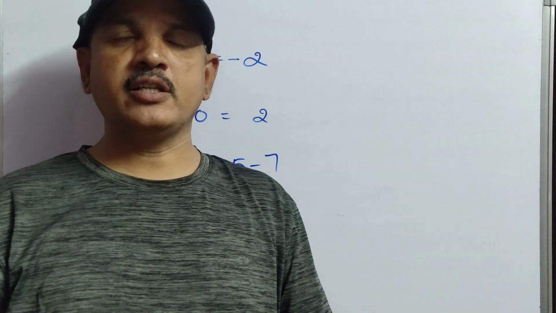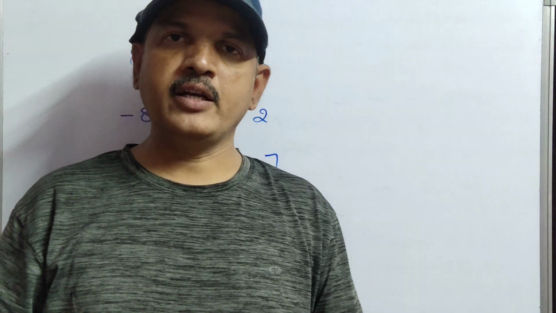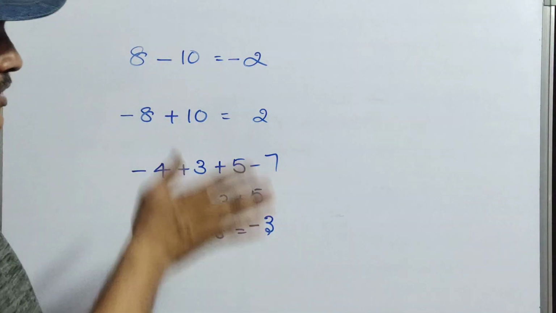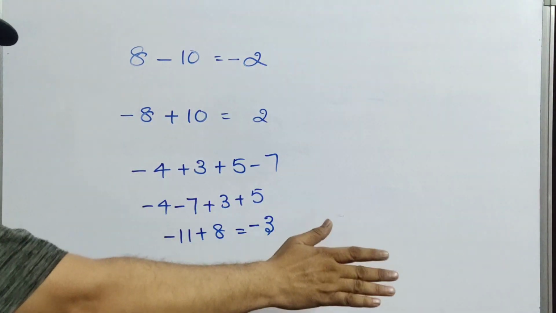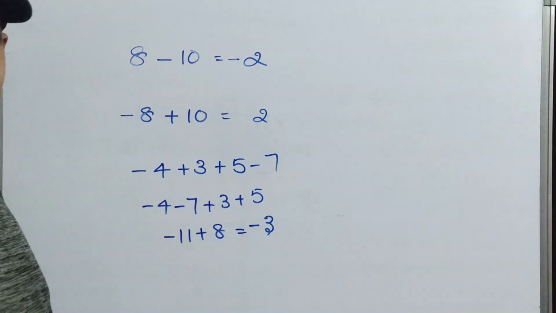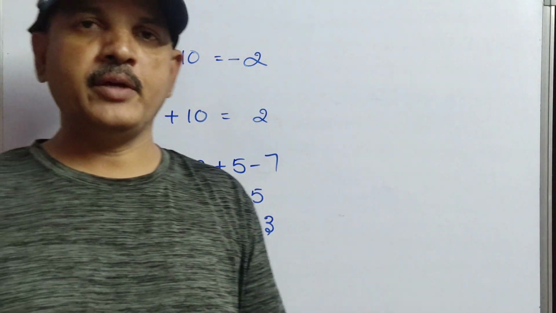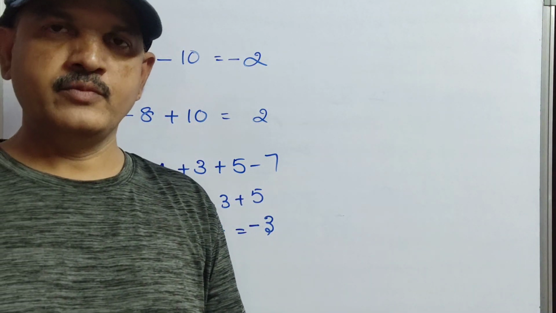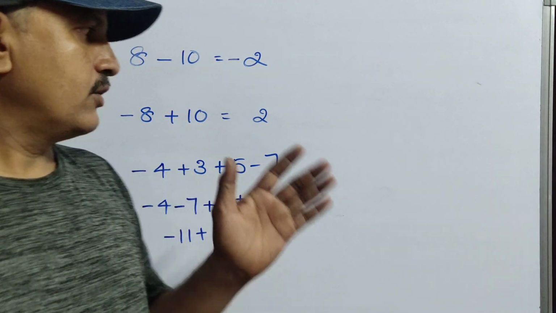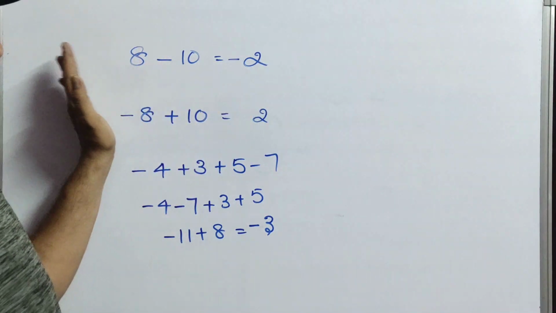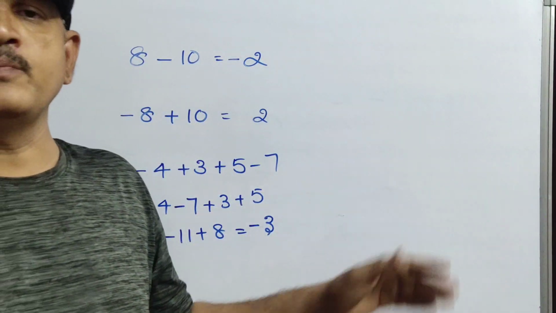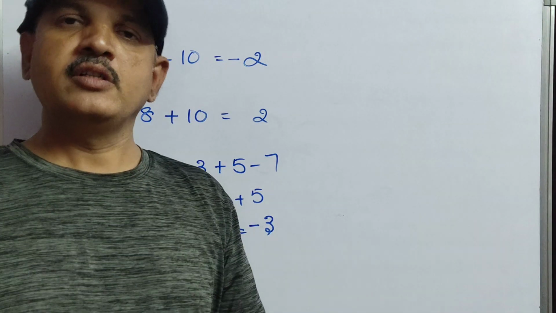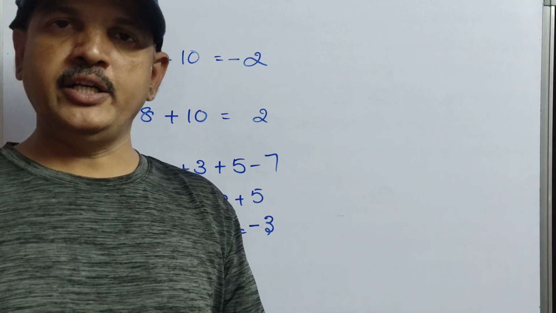Some parents requested that, okay. First I will explain the sums, you listen very nicely. As I told you, some parents requested that the sums which I am explaining on the board, the same sums I should send as a PDF.